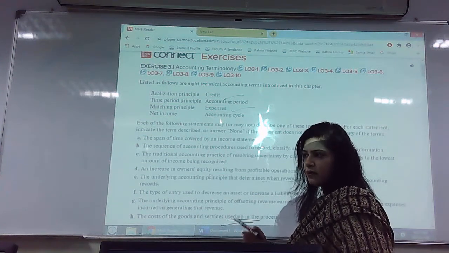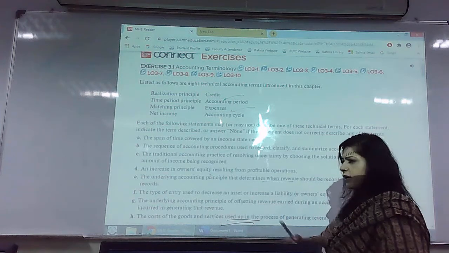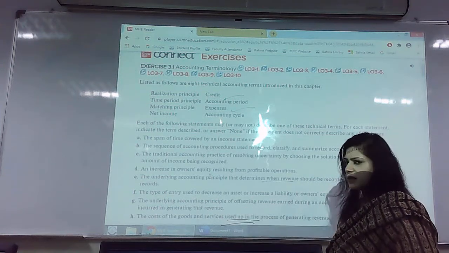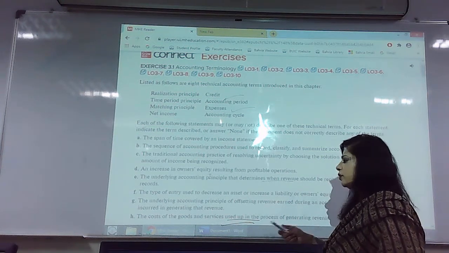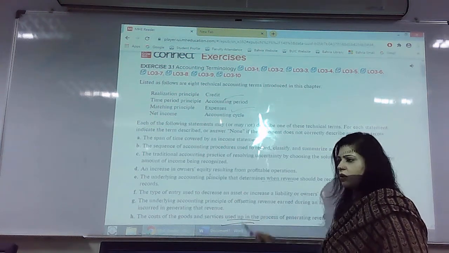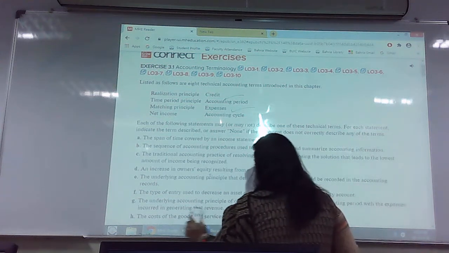Only assets give you benefit in the successive accounting periods. So if you reap the benefit in one accounting period by selling the goods and services, that will be reported in the income statement against the revenue you earn from these as cost of goods sold and other expenses, okay? So this is just expenses.